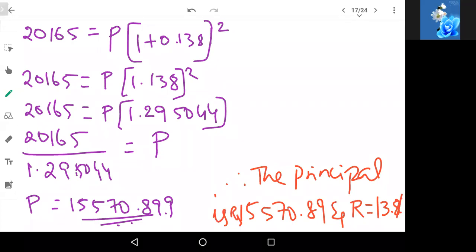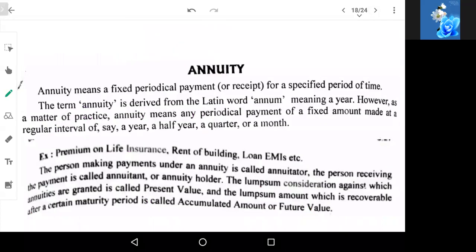Is it clear? Did you all understand this? Good. So that completes our compound interest. Now moving to the next concept is annuity.